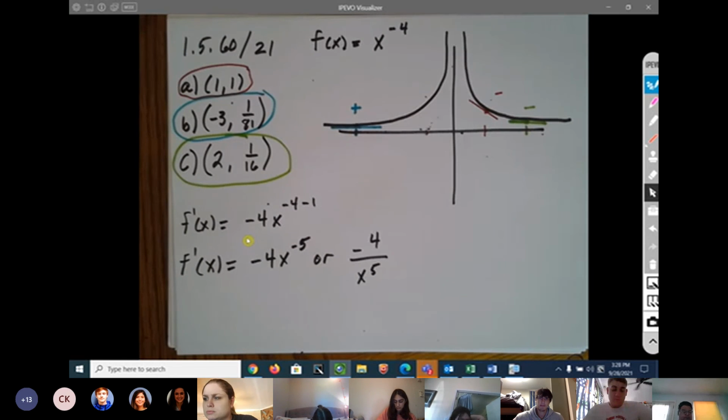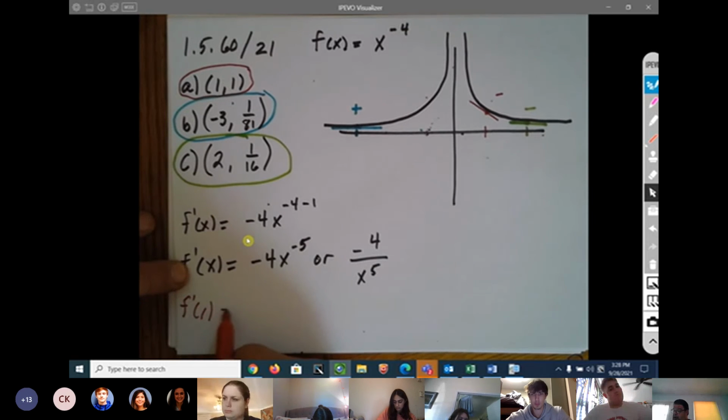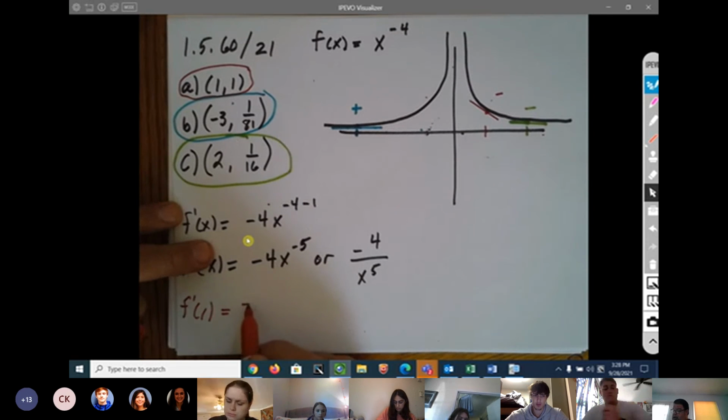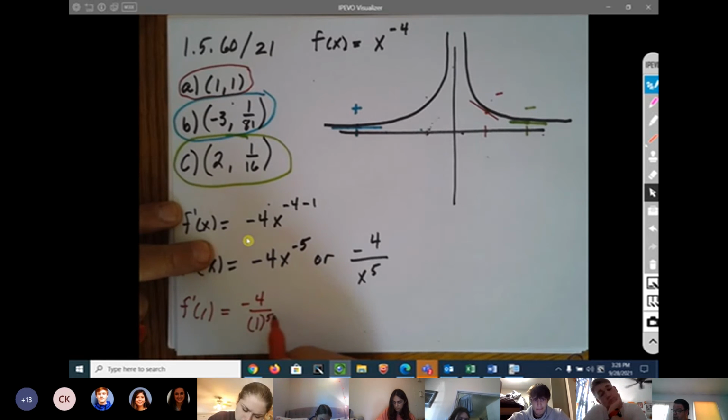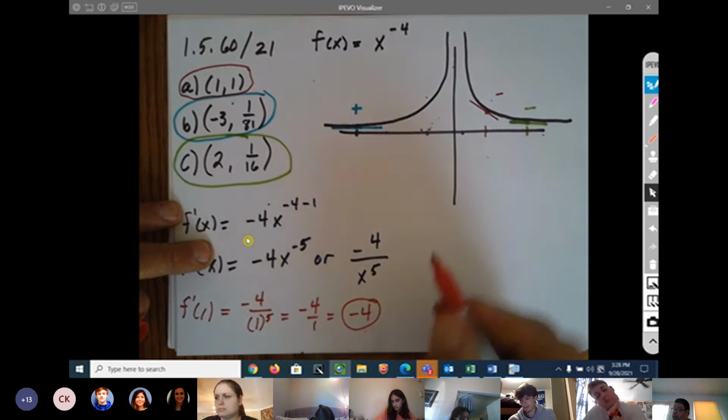So, f prime of 1 is equal to -4 over 1 to the 5th power, which is equal to -4 over 1, and that's -4.